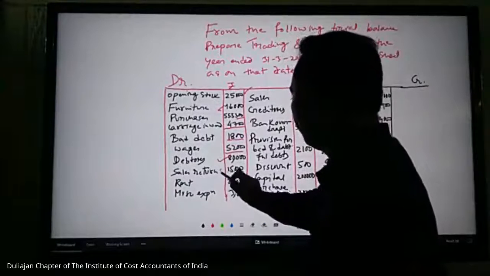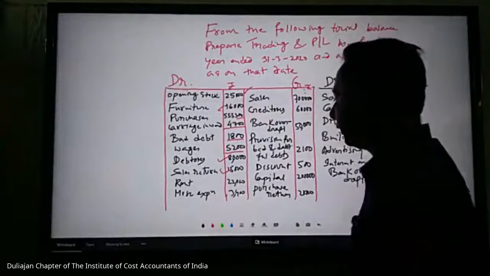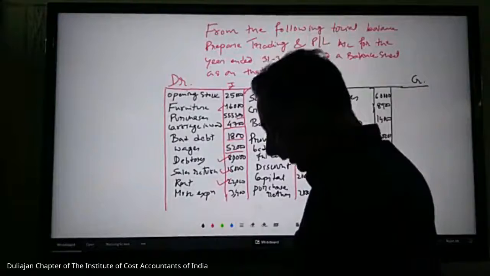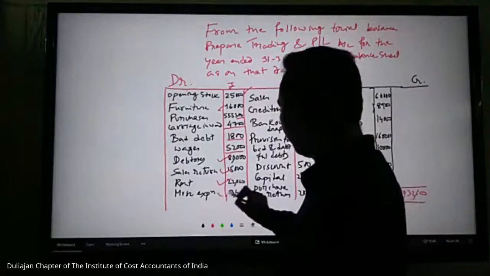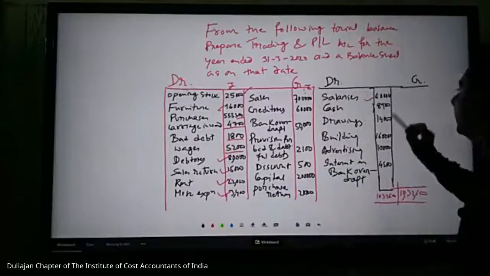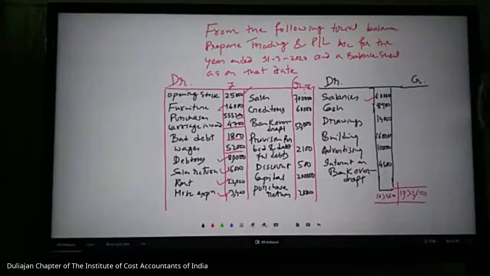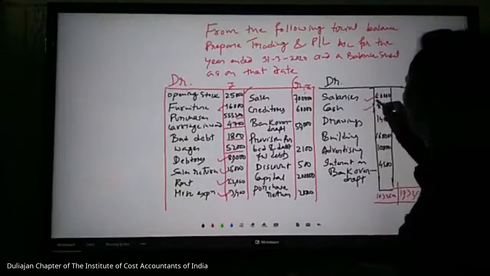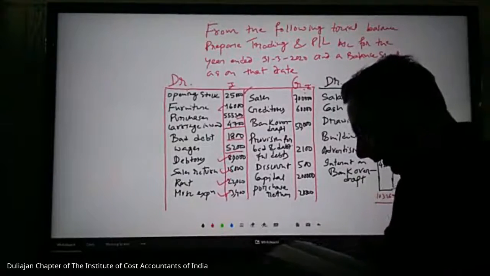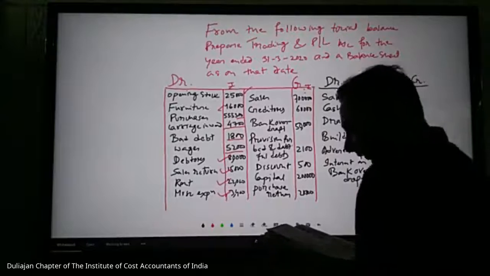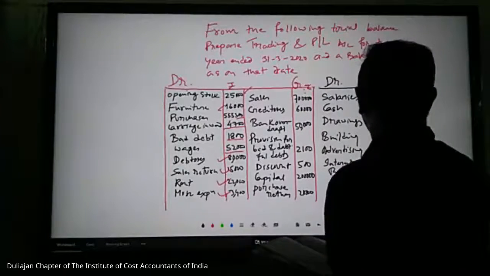Sales return 15,000. Rent 22,000. Miscellaneous expenses 3,400. Salary 60,000. Cash 8,900. Drawings 14,000.